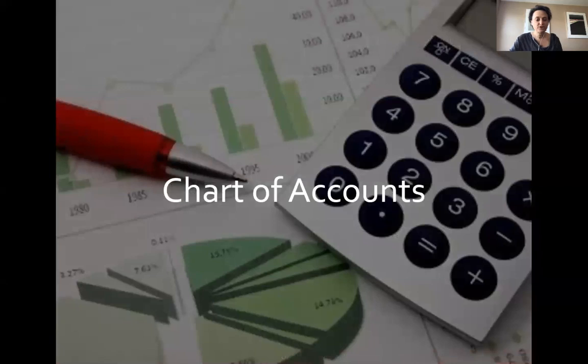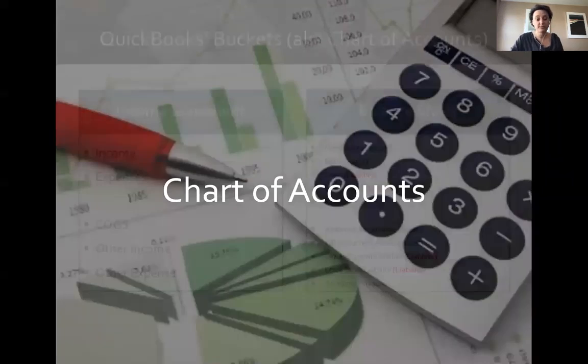So in the last section, we talked about setting up your chart of accounts and sort of the nomenclature, if you will, of your accounting system. How do you name things? And that structure is called the chart of accounts in QuickBooks. And how we create our chart of accounts directly impacts how we see our reports.